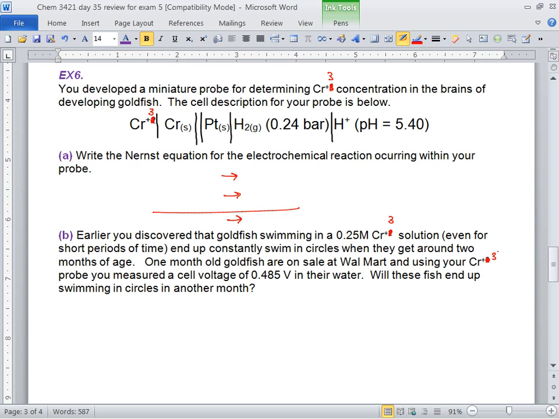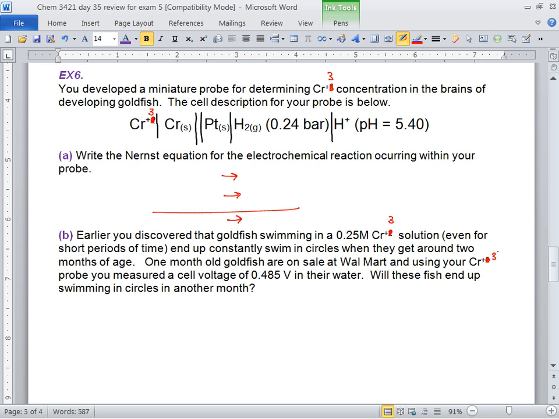Remember the cathode there that involves platinum and hydrogen? That platinum is just a catalyst. That's the standard hydrogen electrode. So you don't write that in the reaction. It's just H2 going to H+. The anode, where it's producing the electrons, is chromium-3 going to chromium solid.